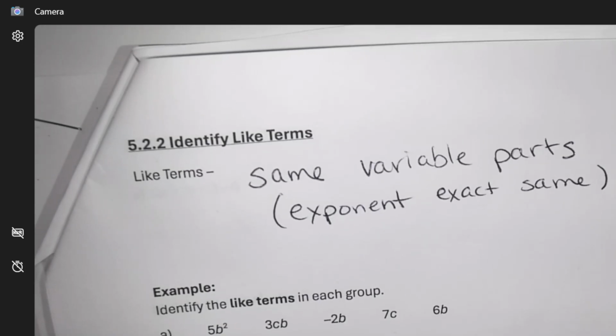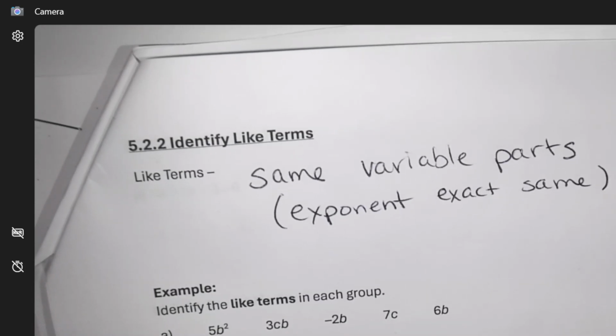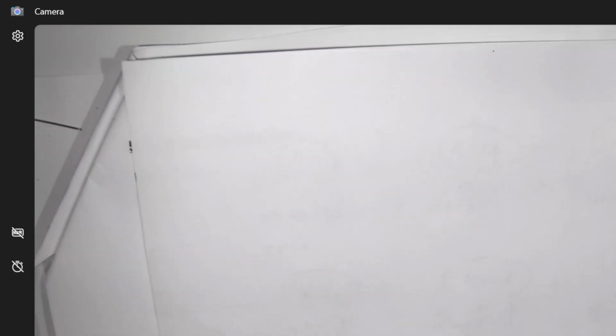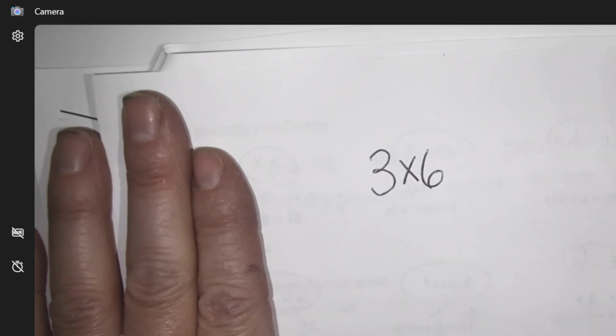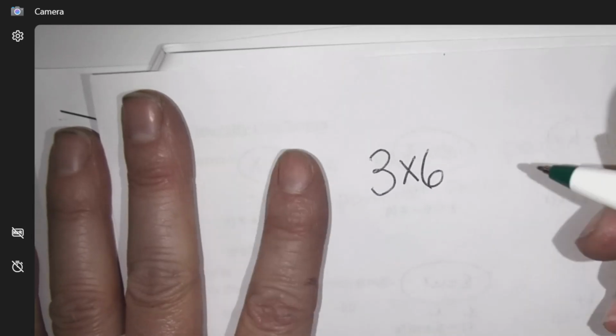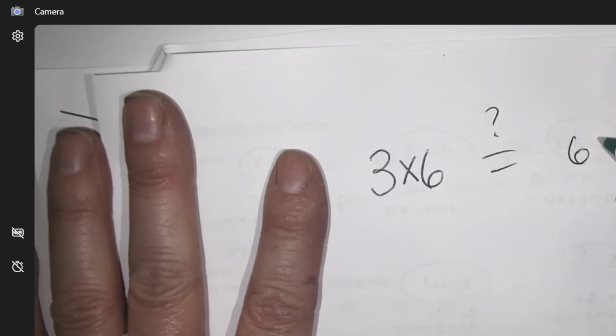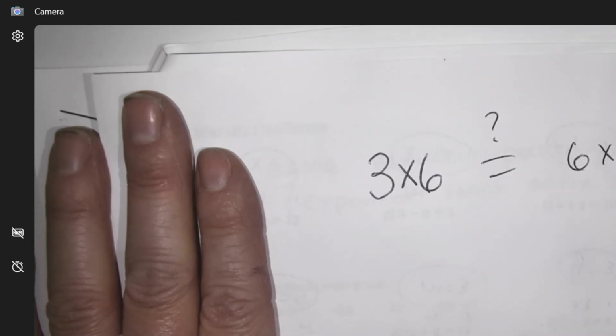Okay, I want you to think about a few things here before we get into the actual work part of it. So I want to ask you, 3 times 6, is that the exact same thing as me doing 6 times 3? Yes, it is.